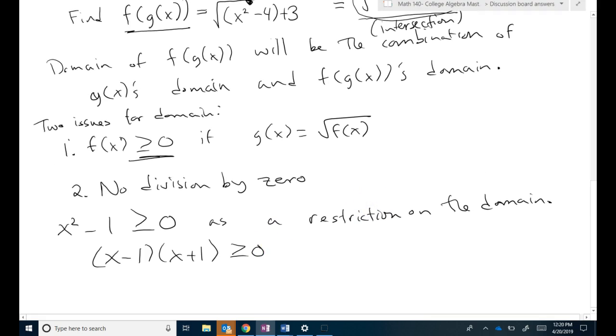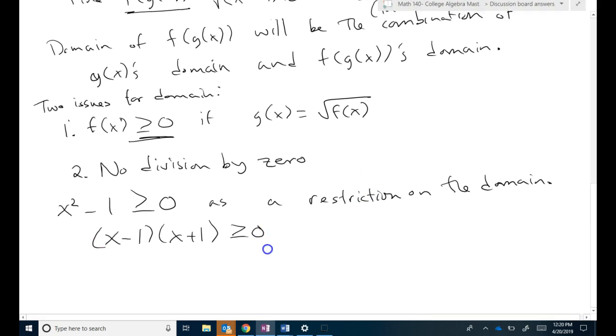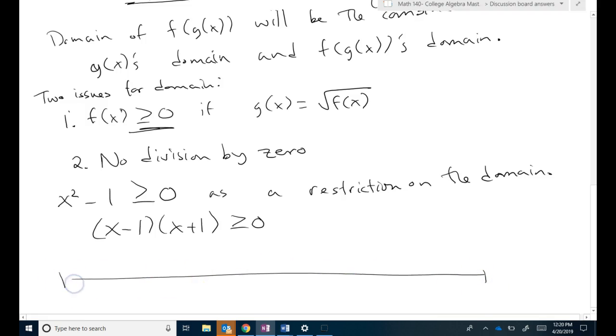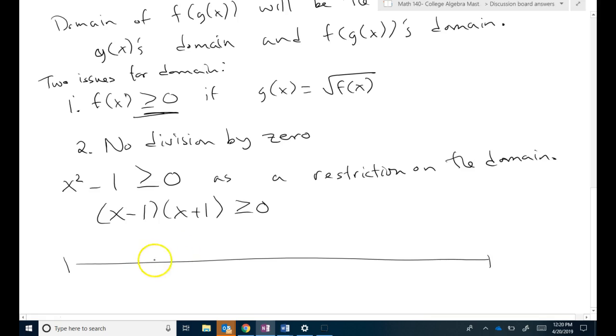And what that means then is that we're going to have to do just a little bit of work here. We're going to put in our zeros. We'll set x plus 1 equal to 0 and x minus 1 equal to 0. So x equals negative 1, x equals 1. Okay, so we have a negative 1 and we'll have a 1.